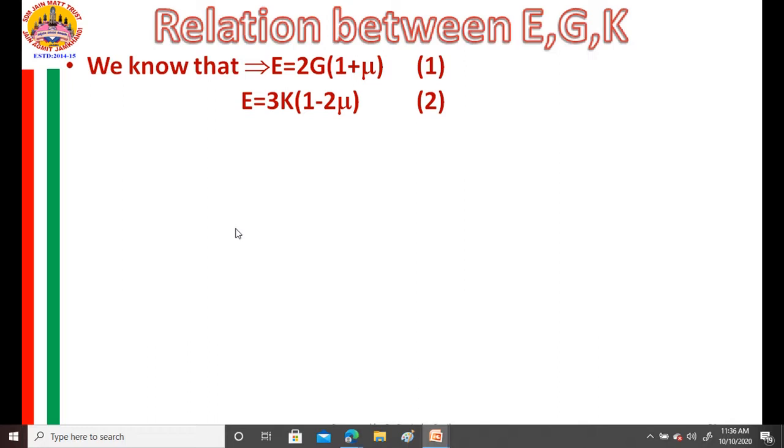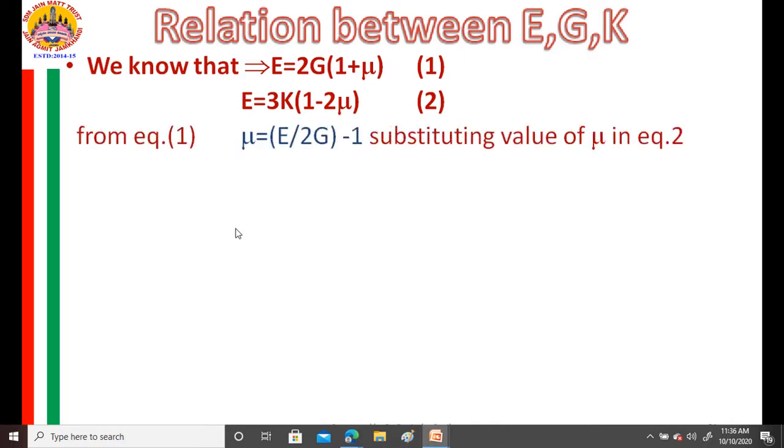The best way I can do is, from the first equation get the value of mu in terms of E and G, and substitute that value of mu in the second equation and simplify it. You will get the required relation.